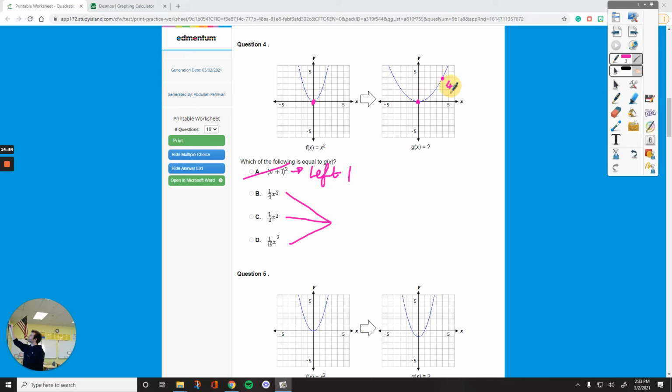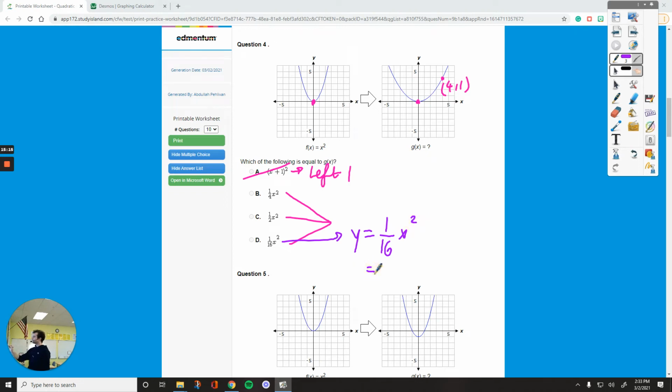The coordinates are 4 and 1. X equals 4, Y equals 1. So now you need to plug these numbers in and see which one is going to be the right one. I'm just going to plug it in to that one over here. Let's rewrite this. It's y equals 1 over 16 times x squared.